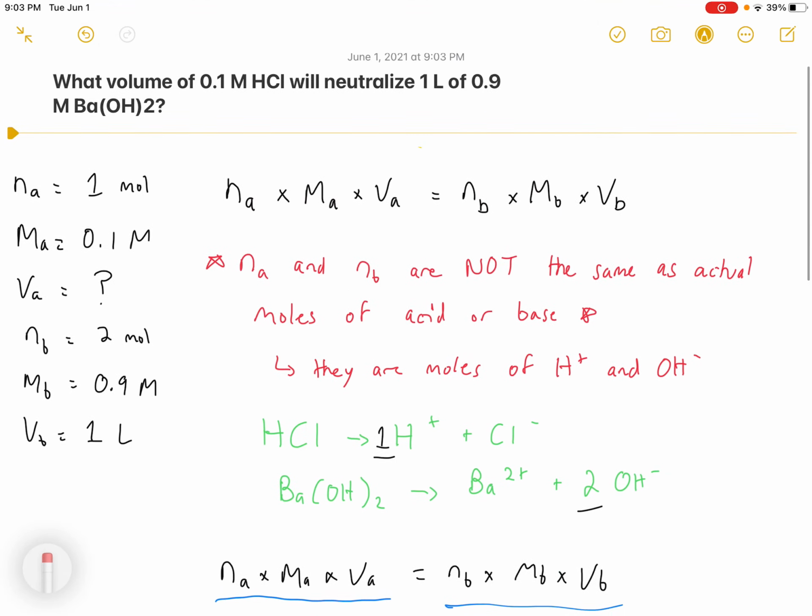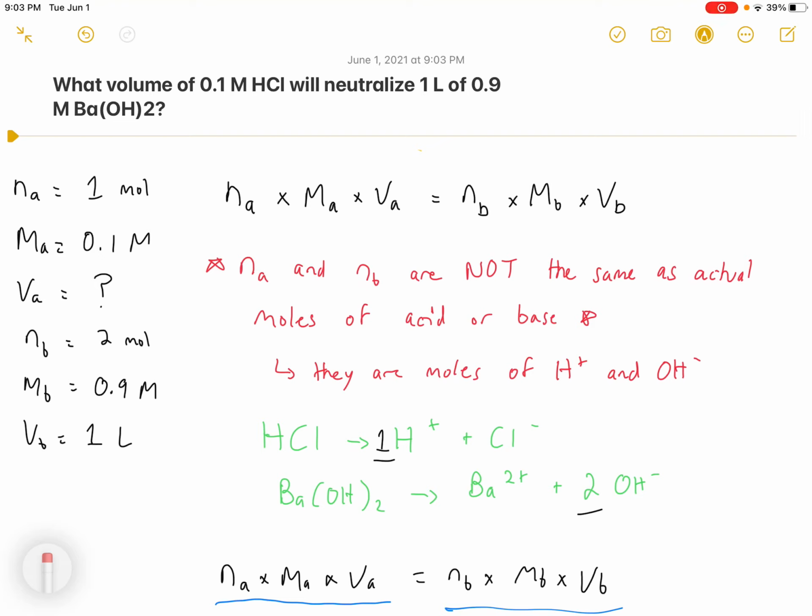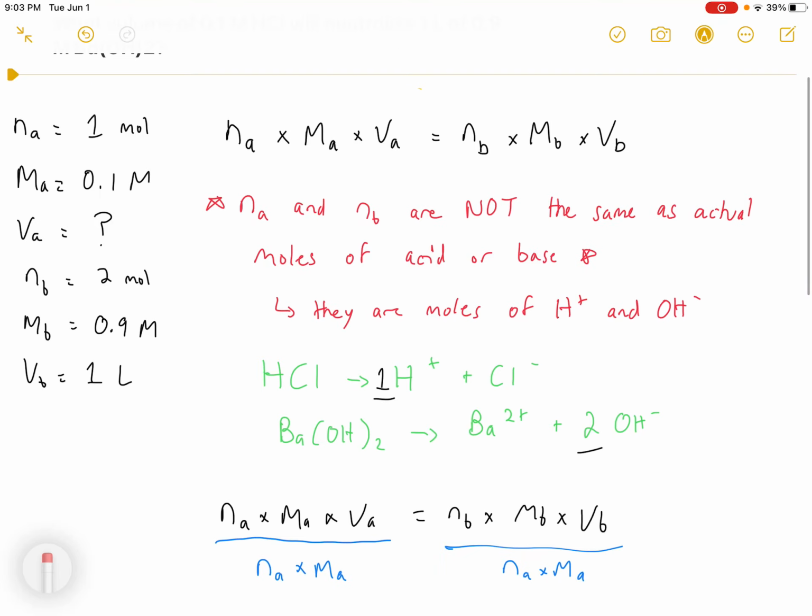Just to recap, we knew that this was a titration question or a complete neutralization because the question said "will neutralize" up top, so we know that we can use that formula to solve it. We wrote the ionization and dissociation equations of both the acid and the base to see how many moles of hydrogen and hydroxide ions they would each produce, just to double check that it might not necessarily be a 1-to-1 ratio, which it was not because of the hydroxide.